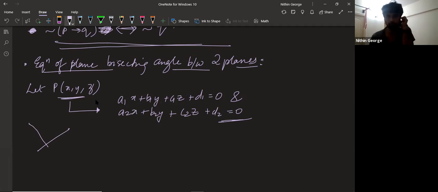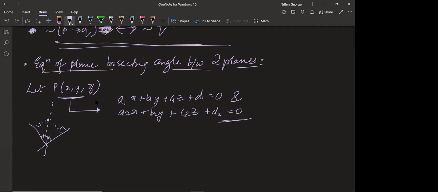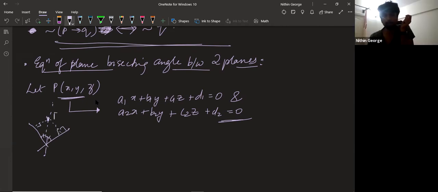I have to find the locus of the point P which is equidistant from these two, perpendicularly equidistant. That is the angle bisector. So apply the distance formula between plane 1 and plane 2 to this point P.